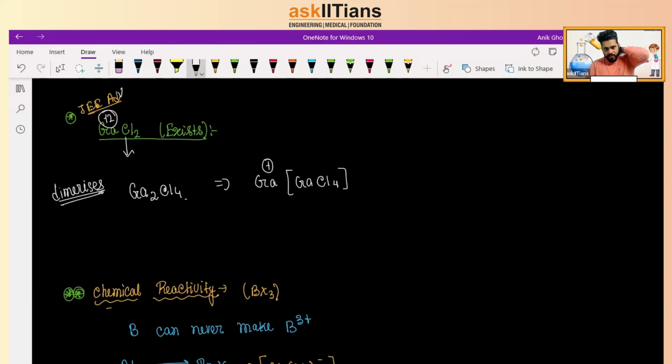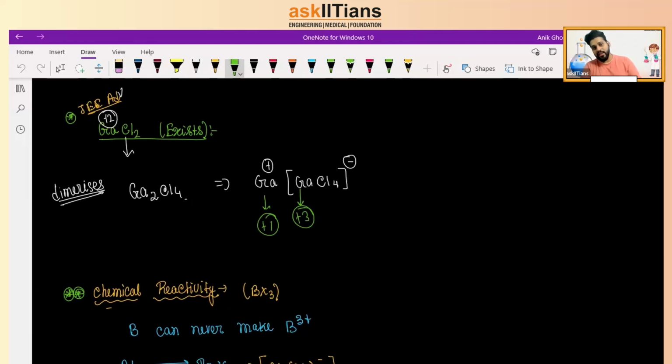This is plus, this is minus. If you see right now, gallium is showing +1 valency over here, and here it is showing +3 valency. So it's not +2 actually. It is actually in the form of GaCl4, so it is nothing but the coexistence of both +1 and +3.